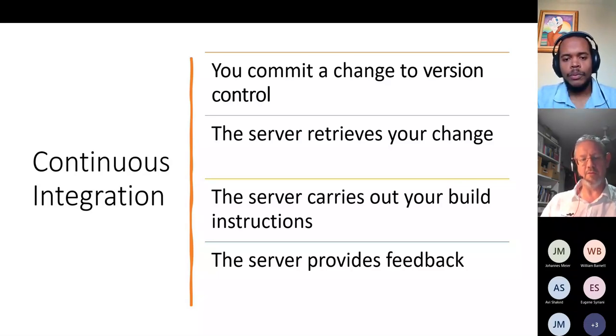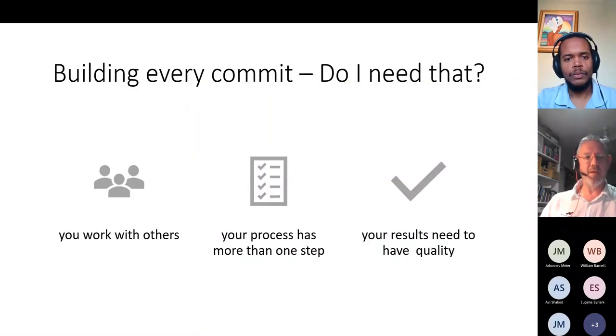The server retrieves the change, sees the change, and then integrates it with the source code. Along with the code itself, there are instructions, other bits of code that describe how this particular thing is being built. So these are then retrieved and carried out. And depending on how you're going, you receive feedback, usually only on failure.